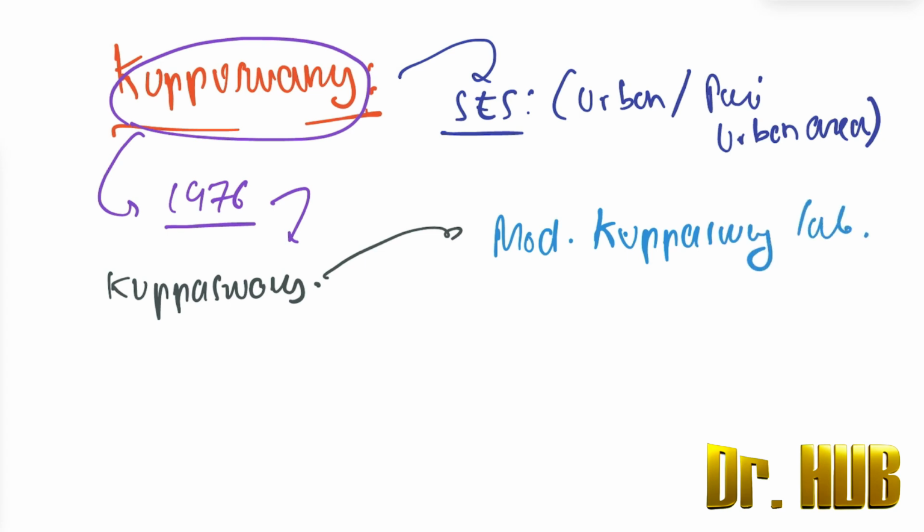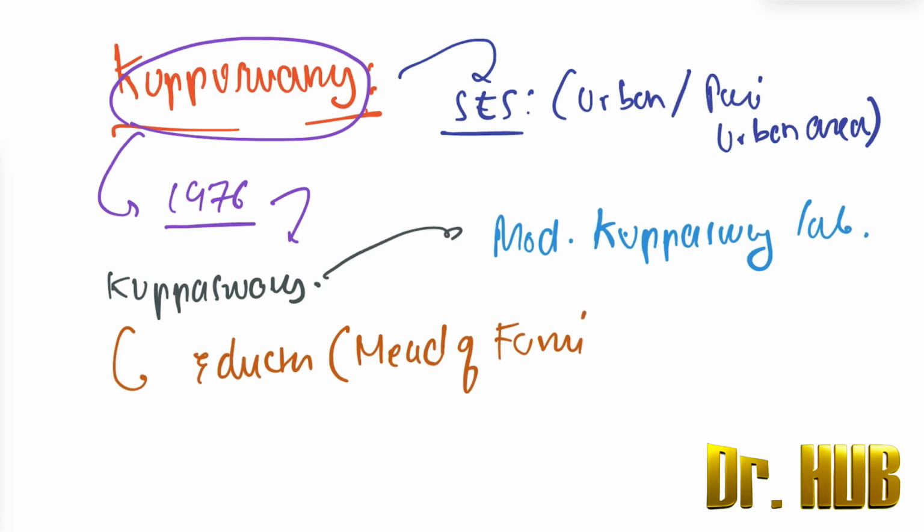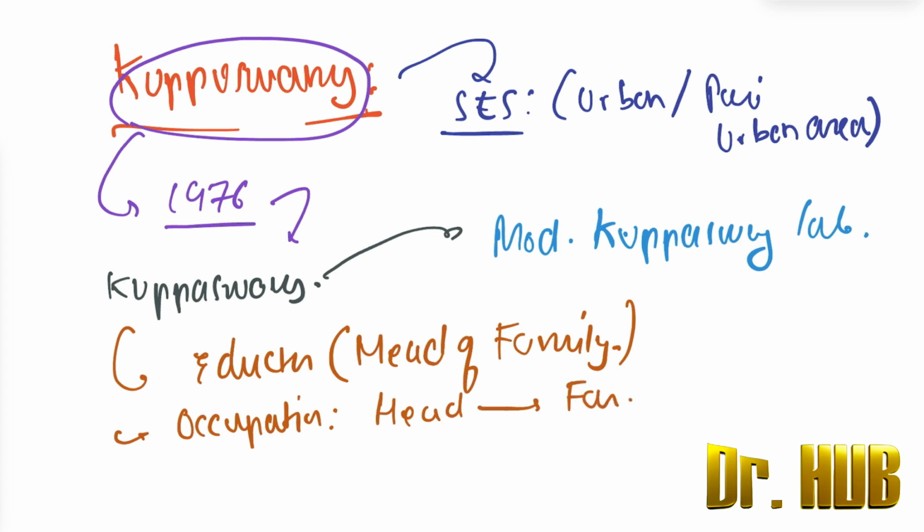The scale has the following components. Education of the head of family, occupation of the head of family, as well as the monthly income of the family.